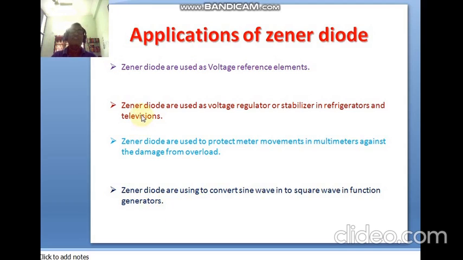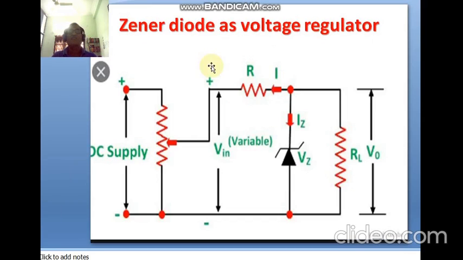Now we are discussing in depth the Zener diode used as a voltage regulator. This is the circuit diagram of the voltage regulator. Here the Zener diode is connected in the electronic circuit, that means the voltage regulator circuit.